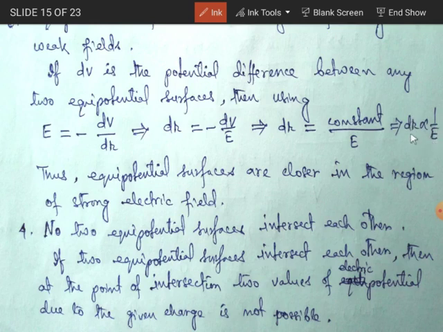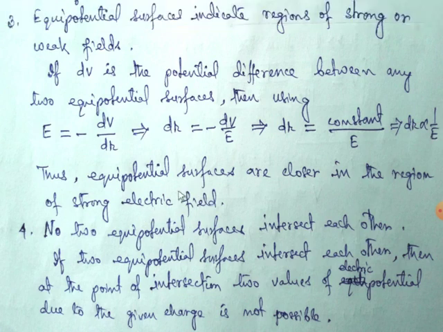So when the distance between the two equipotential surfaces is small, the electric field will be very large. Thus equipotential surfaces are close in the region of strong electric field.